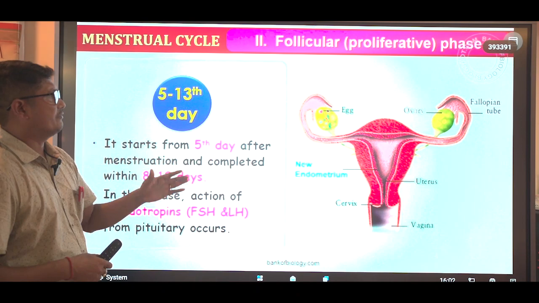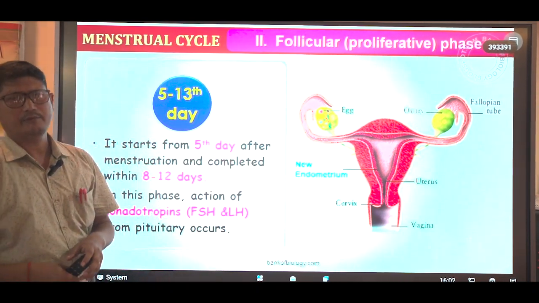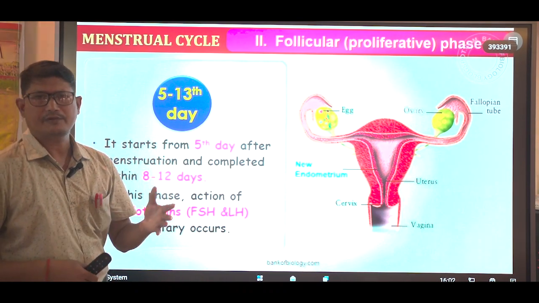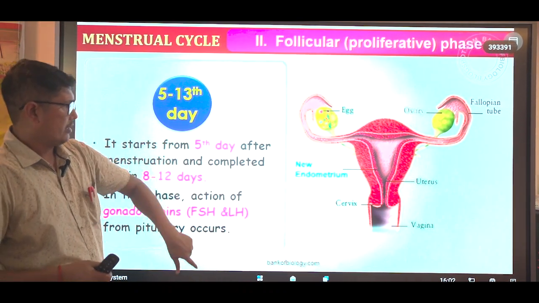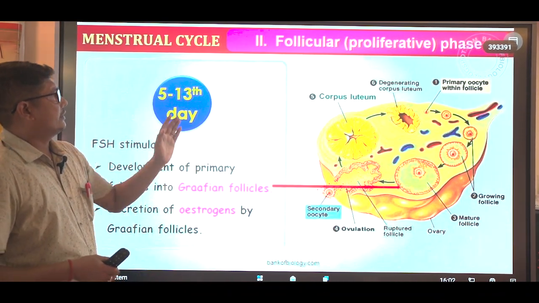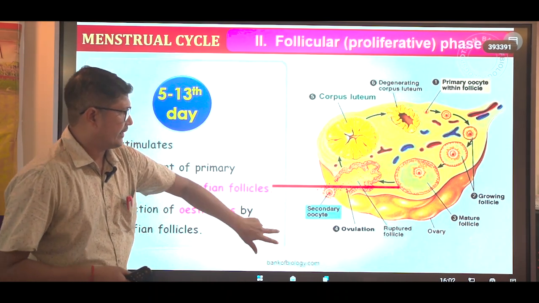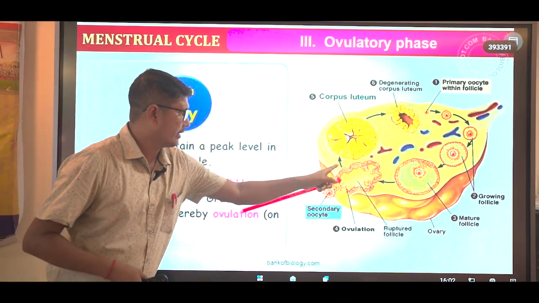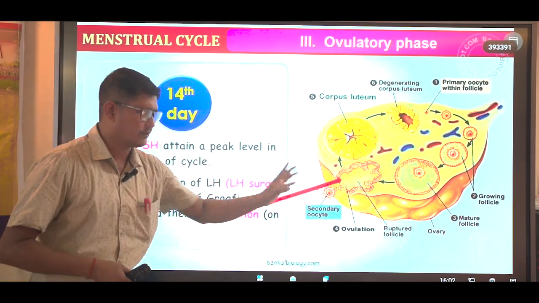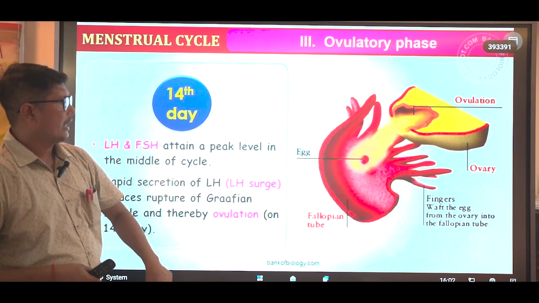During this phase, the follicle starts to develop inside the ovary. The follicular development will take place from primary follicle, secondary follicle, tertiary follicle, and so on. The next phase is the ovulatory phase, where there will be rupture of the Graafian follicle and release of the secondary oocyte. That is called ovulation.